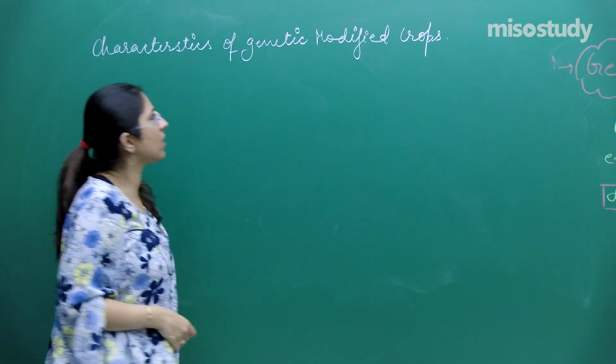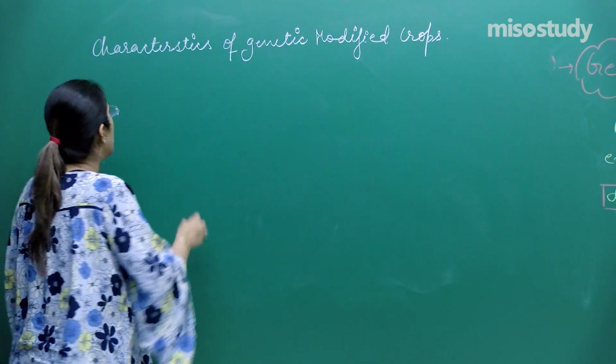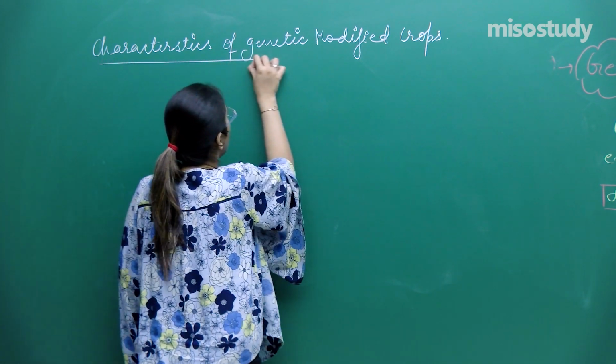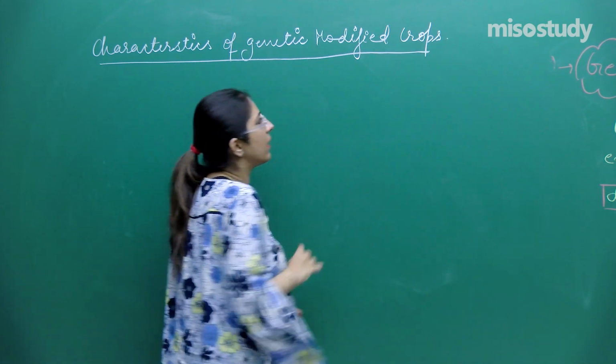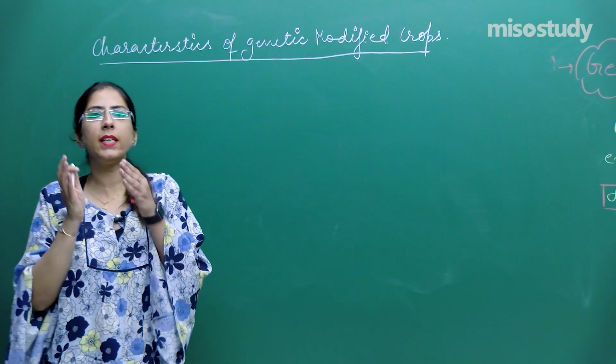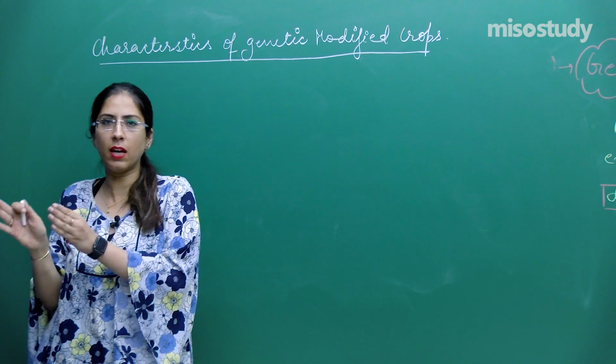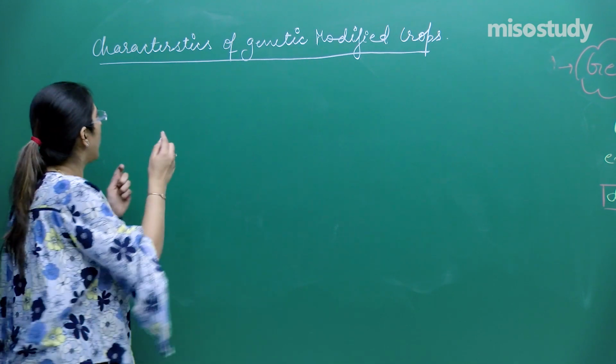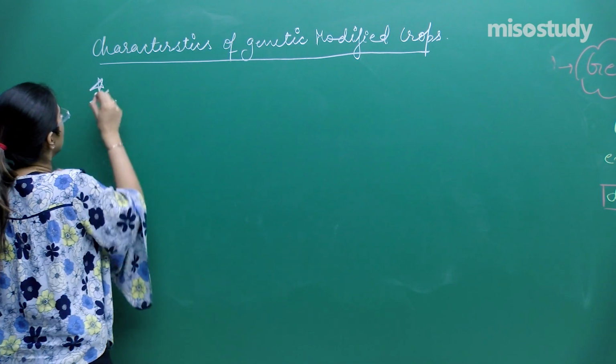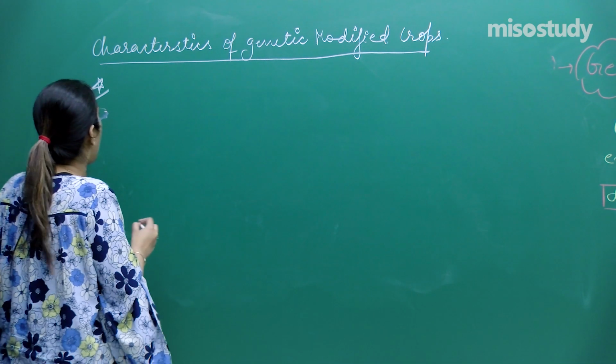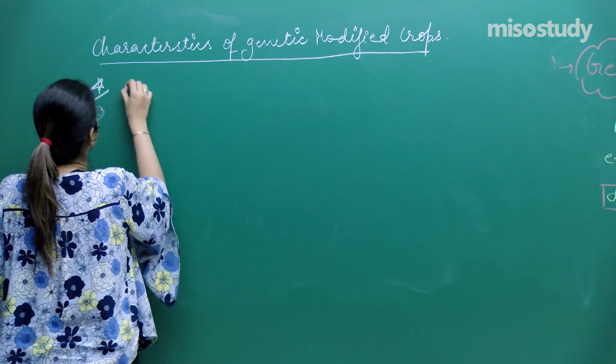What are the characteristics of genetically modified crops? While talking about the characteristics, one thing you should keep in mind is that these crops should be better than the conventional crop. So we have to write that the plants should be resistant to abiotic stress, right?